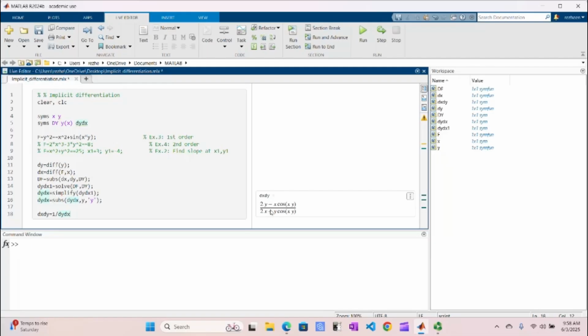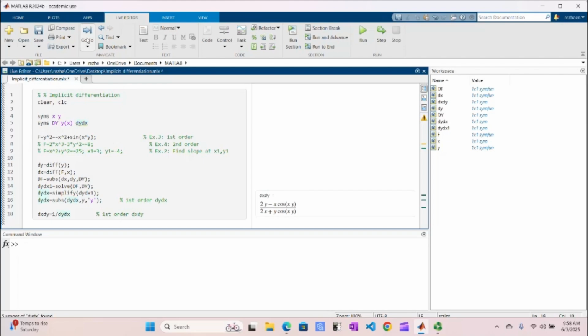So dx/dy is 2y minus x cosine xy over 2x plus y cosine xy. So let's go ahead and do some comments. This is first order dx/dy, and this is first order dy/dx.